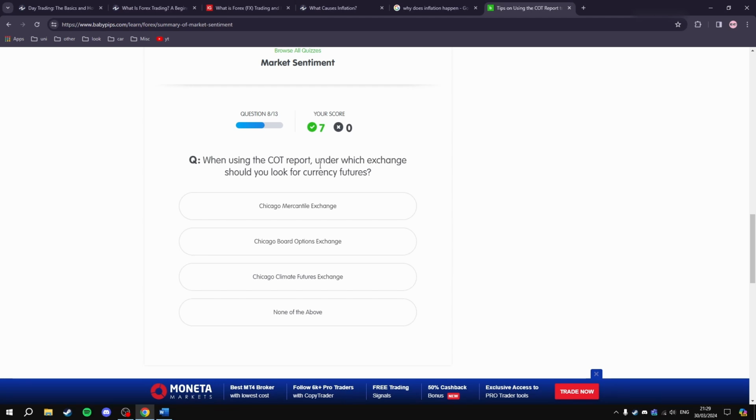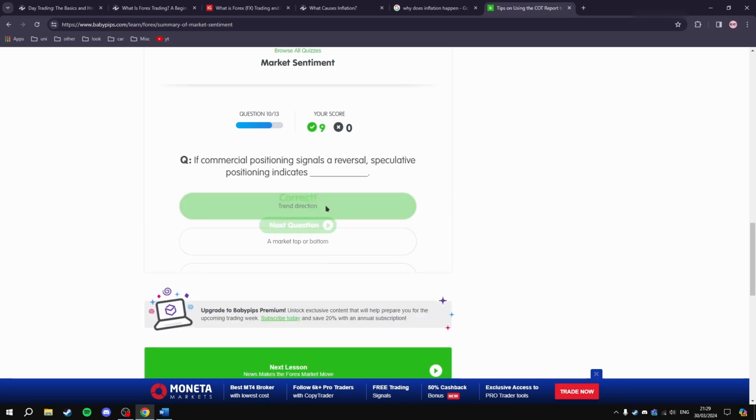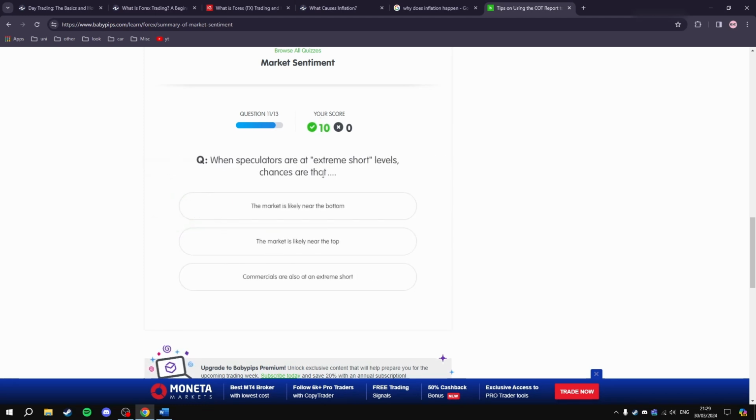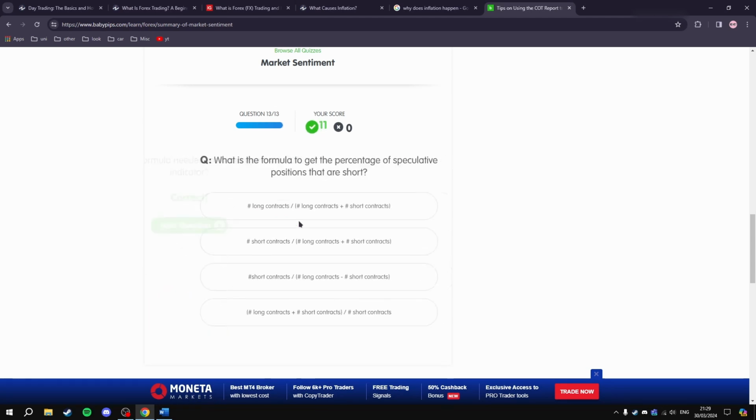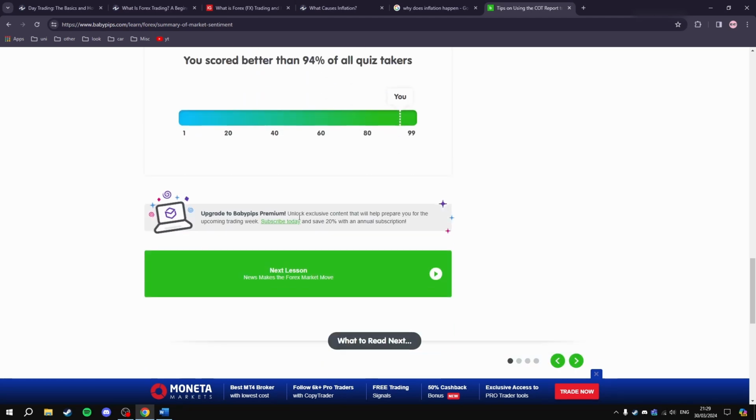Chicago Mercantile. When trying to spot a reversal, speculative changes trend direction. Near the bottom. Difference is net position of large minus commercials. Number of shorts. There we go. Okay, that's better.